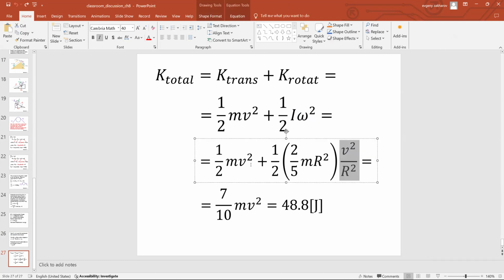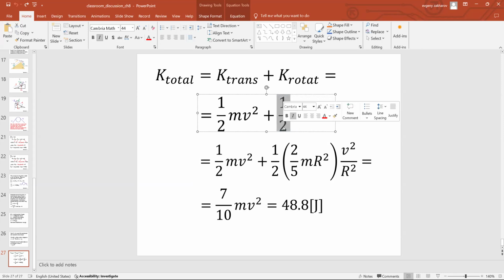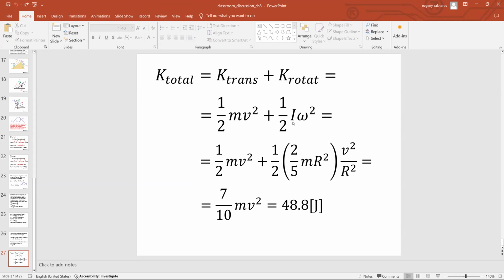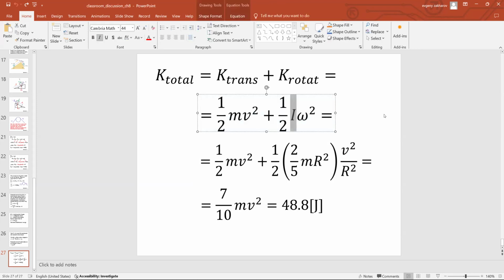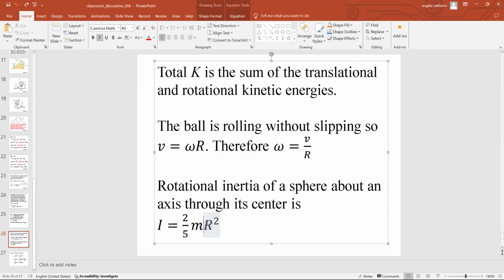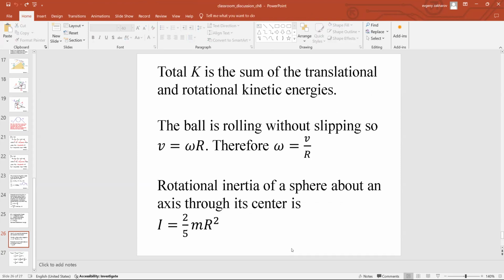So it's 1/2 mv squared from linear motion as before. And now your rotational kinetic energy is 1/2, and your rotational inertia is 2/5 mr squared. We borrowed that from the special table for coefficients for rotational inertia of different geometrical objects.